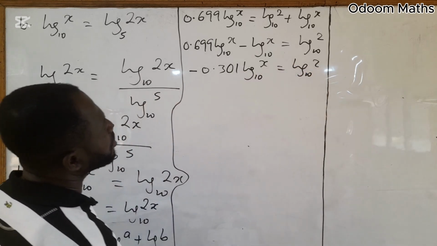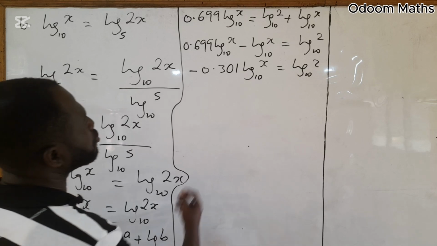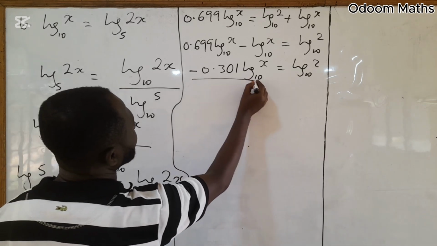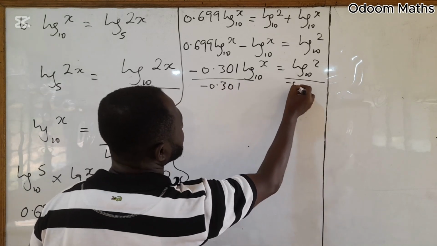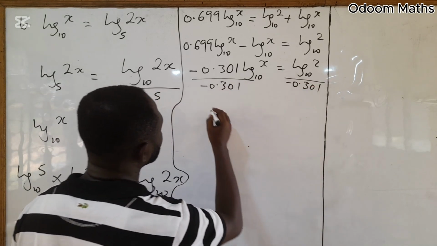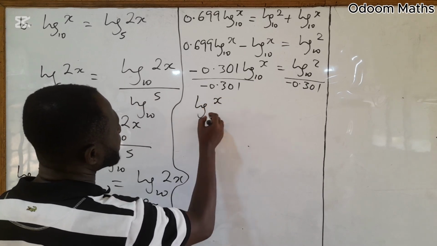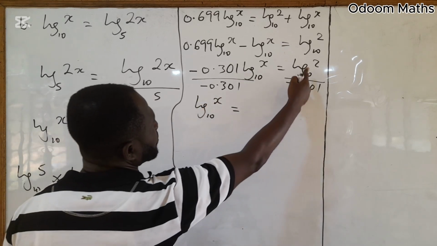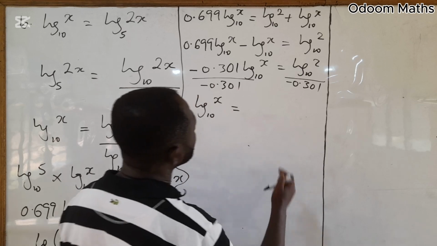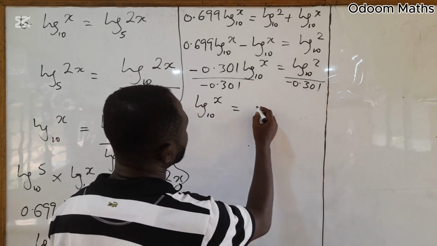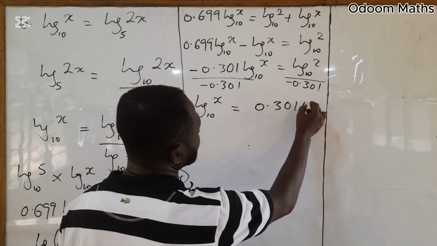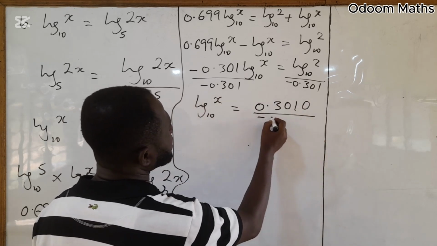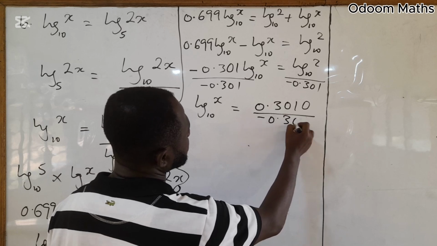Now from here, we need to do our simple division. We divide both sides by negative 0.301. So my log x base 10 becomes log 2 itself, which is 0.301, divided by negative 0.301.